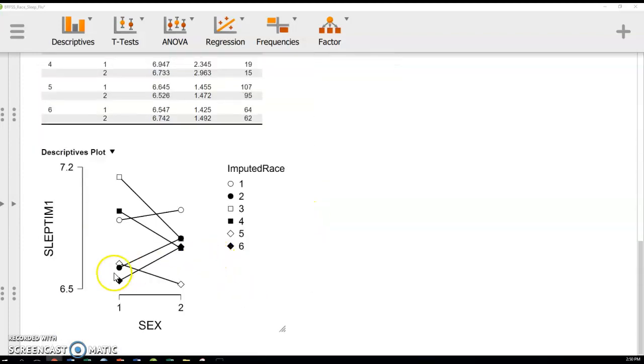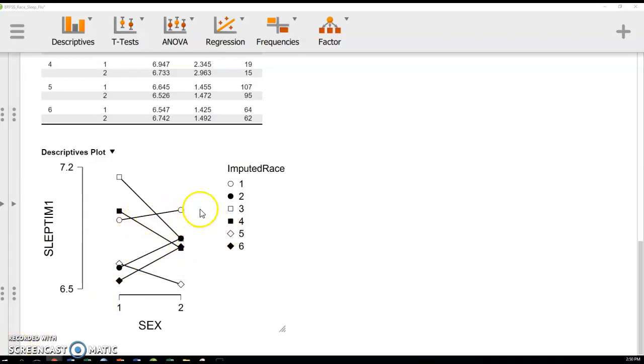But looking here, I'd be surprised if there's not a significant difference there between the male Asians and the male blacks. And so that's a specific post hoc test that I could look into. Once I start doing that, once I start cherry picking, looking at my specific results, I have to be a little careful. That can get into p-hacking and trying to find a result where it may just exist in the sample. So those would be some interesting things.